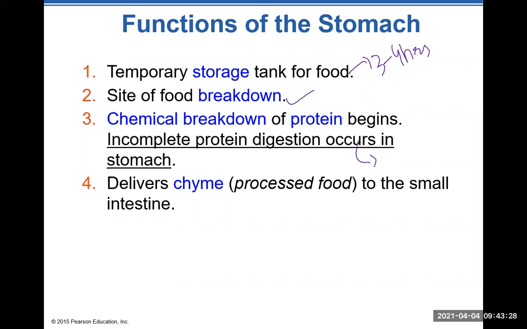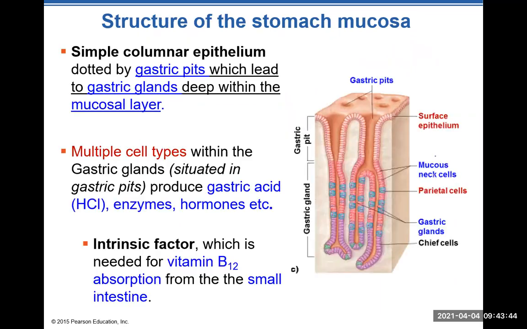Lipid digestion might start because we have lingual lipase in the mouth, but no protein digestion in the mouth. Protein digestion starts from the stomach, but completes later on in the small intestines. We'll talk about that for the small intestines.